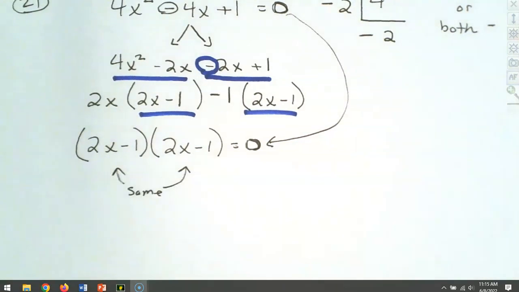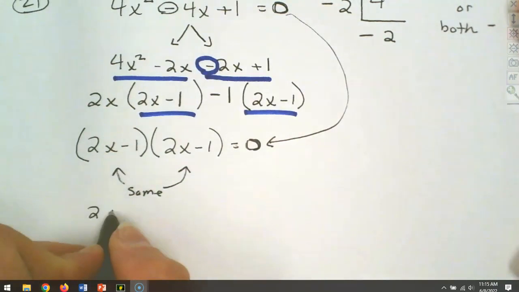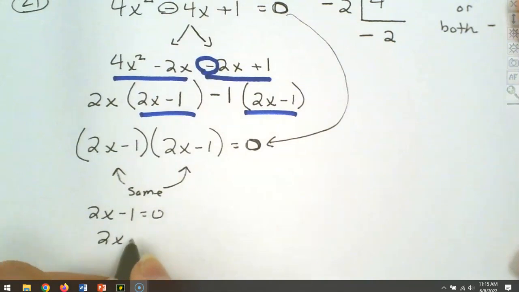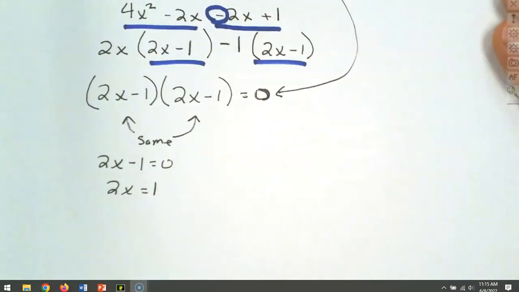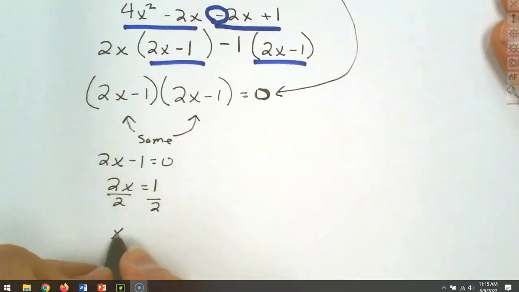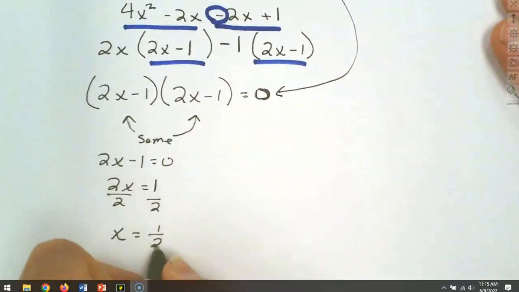And since they are the same, then what do we know? We're only going to get one answer, right? Because they're the same. It's a double root. And what would that one answer be? Well, it would be 2x minus 1 equals 0. So 2x equals 1. Okay. And divide by your 2. And so your one solution is x equals 1/2. That's it.